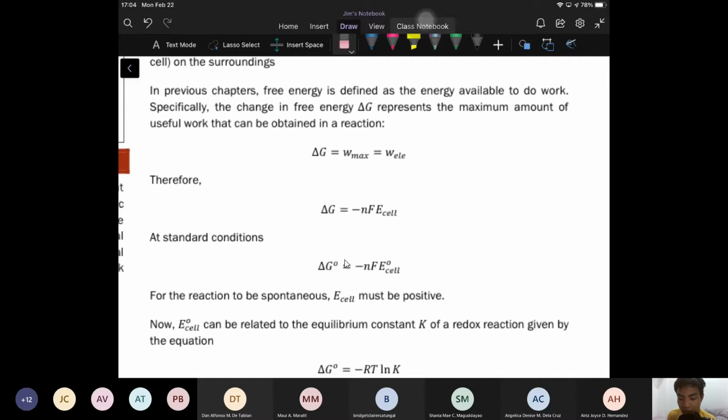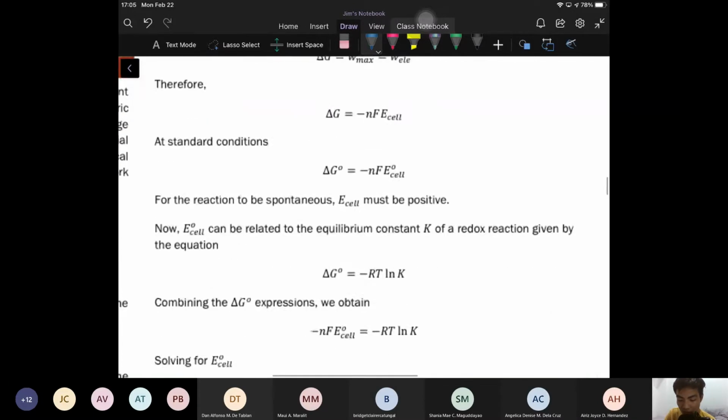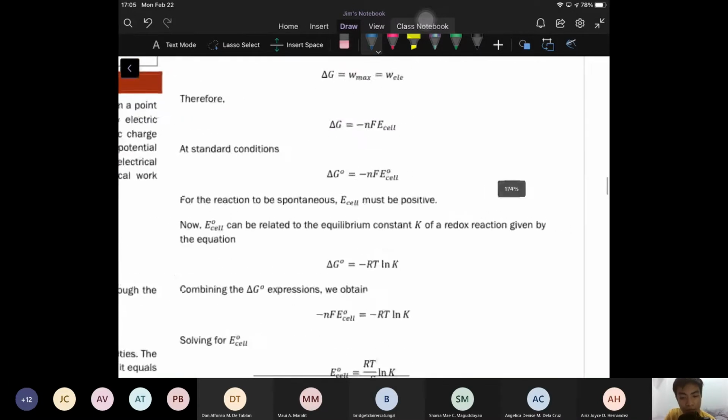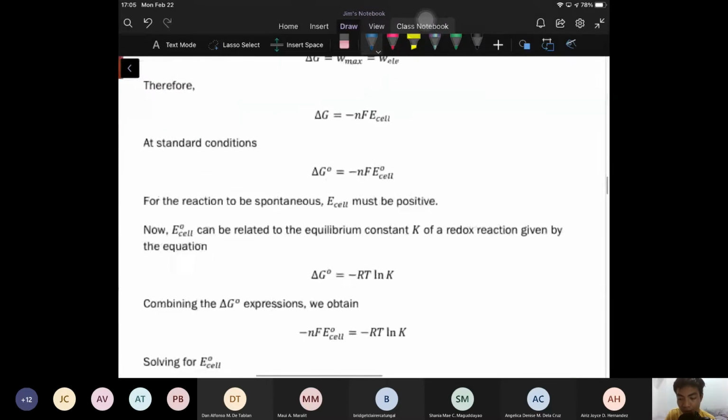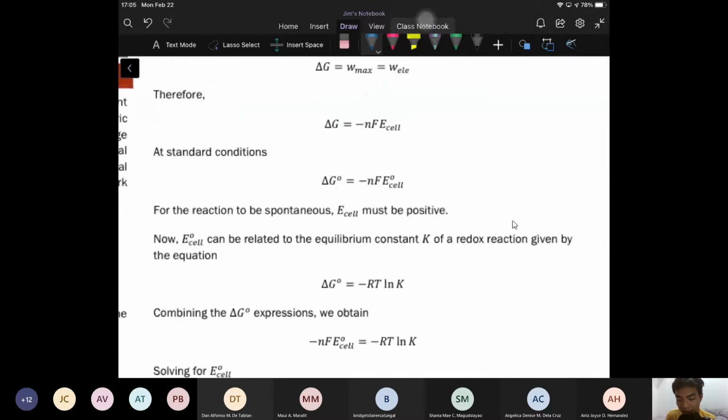So ano ba yung standard condition? Kapag standard condition, ang sabi lang doon, the temperature is 273.15, okay? And the concentration of the cell is 1 molar each. So again, ang equation natin for the thermodynamics of the cell will be delta G equals negative nFE cell.